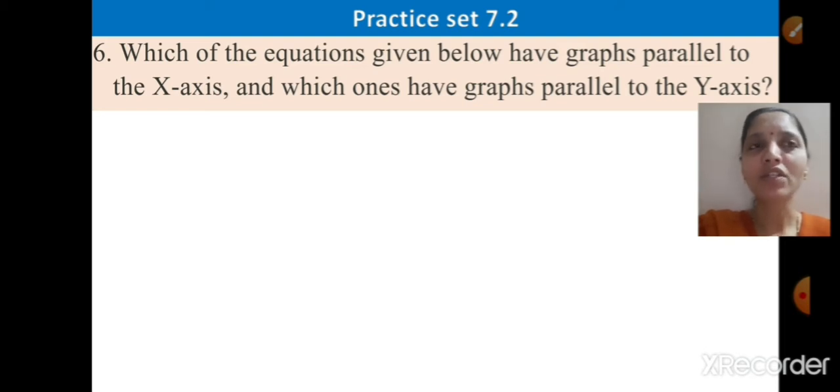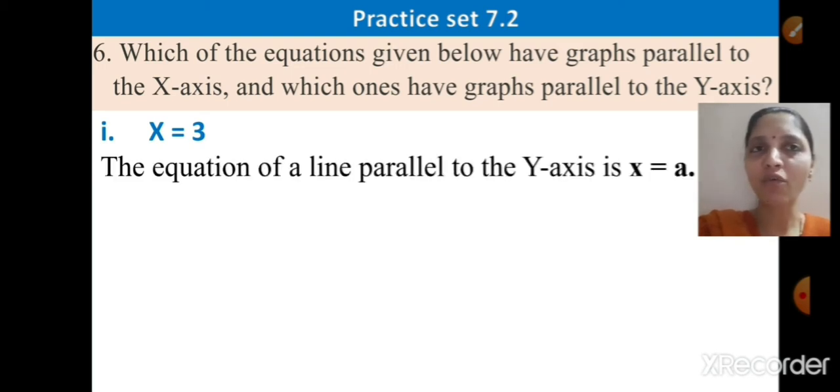Which of the equations given below have graphs parallel to the x-axis and which ones have graphs parallel to the y-axis? So here we have some equations. First one, x is equal to 3. So how can we find out whether the line will be parallel to the x-axis or parallel to the y-axis? Yes, we know the equation.